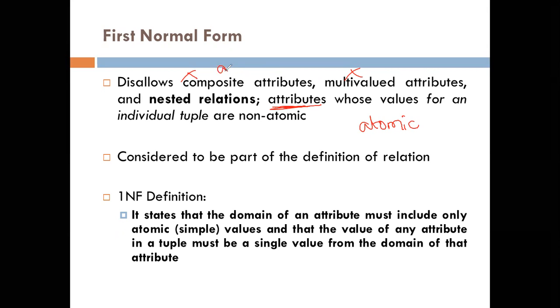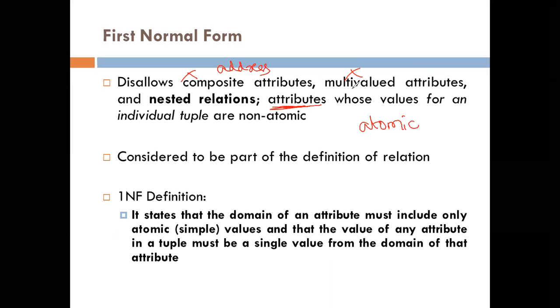For example, the address field can be further divided into city, state, then country, like that. If we are putting all the parts in a single attribute, then it becomes a composite attribute. If we divide it into different attributes, then it is fine. But together it is not allowed.